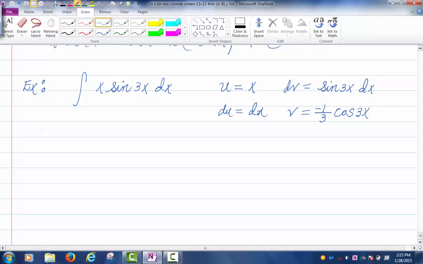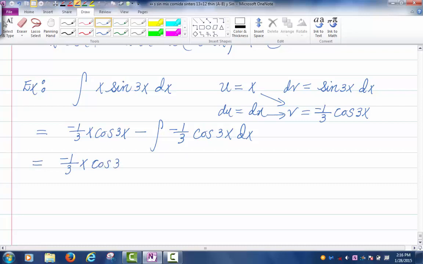This would be uv, so that's going to be negative 1/3 x cosine 3x minus the integral of v du, which would be negative 1/3 cosine 3x dx, because du is just dx, which would be negative 1/3 x cosine 3x plus 1/3 the integral of cosine 3x dx.